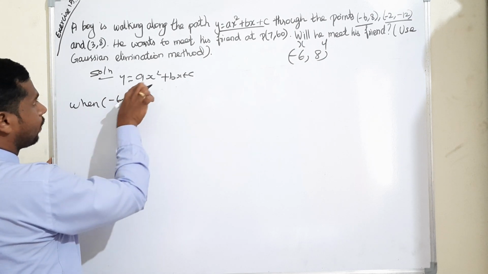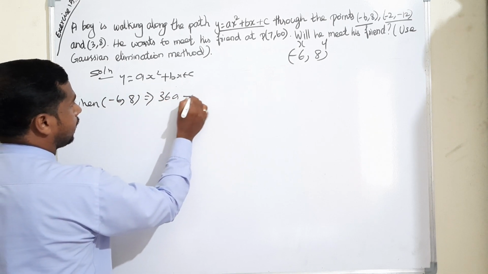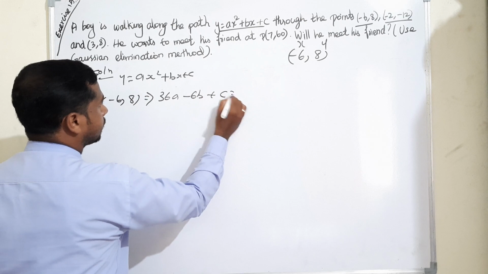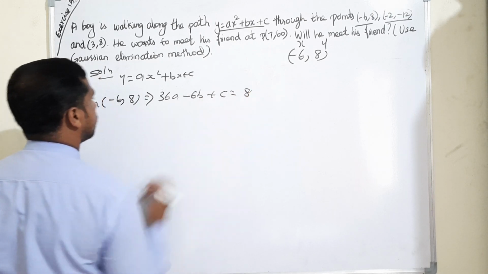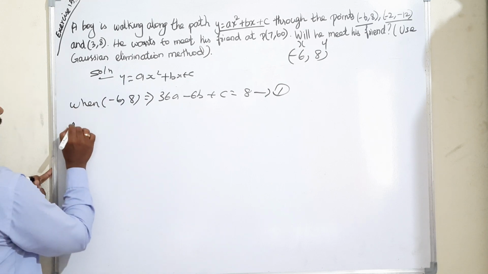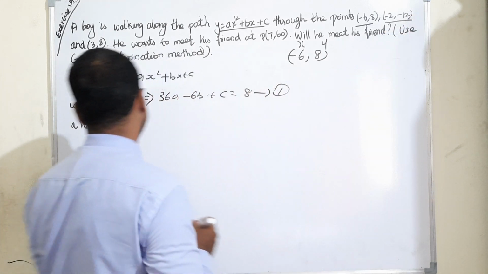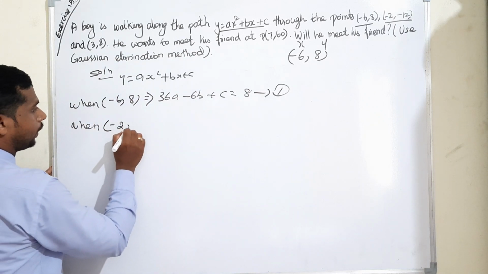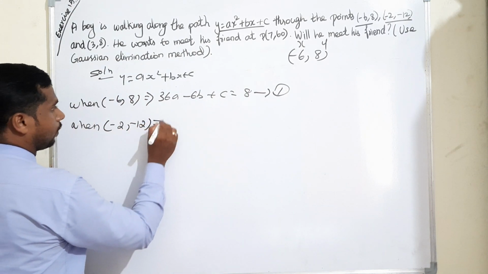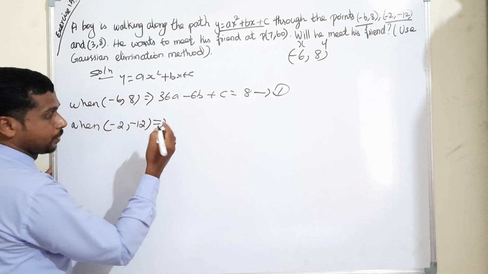So when the first coordinate is minus 6 comma 8, what will happen? When x is minus 6, minus 6 whole square means a positive 36, so 36a minus 6b plus c is equal to y is equal to 8. This is equation number 1. Then the second coordinate point minus 2 comma minus 12: x is equal to minus 2, minus 2 the whole square means positive 4.